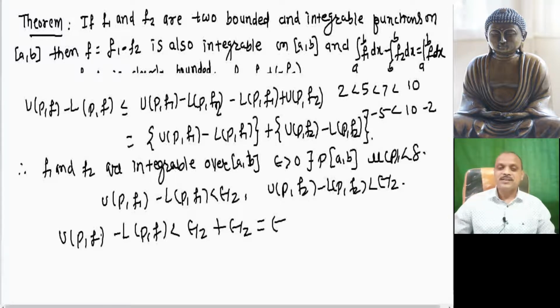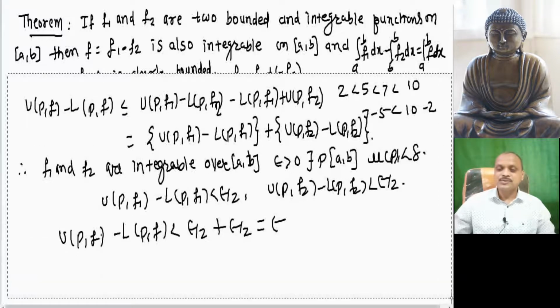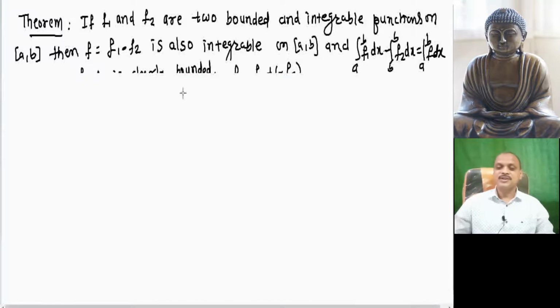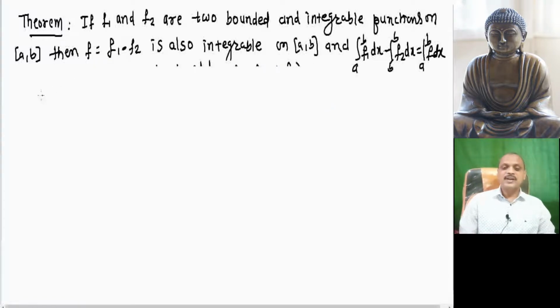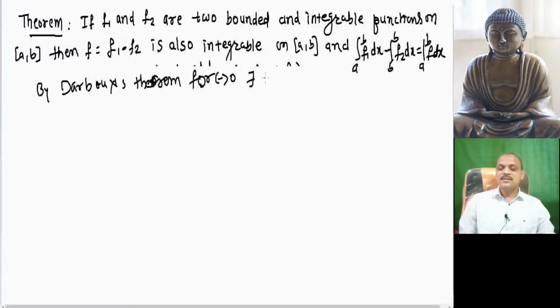Okay, now let us move to the second part of this theorem, where we need to show that the integration of f equals the integration of f1 minus the integration of f2. Again friends, let us apply the Darboux condition. If f1 and f2 are integrable, then by Darboux theorem, for epsilon greater than 0 there exists a partition P of [a, b] with norm mu of P less than delta.